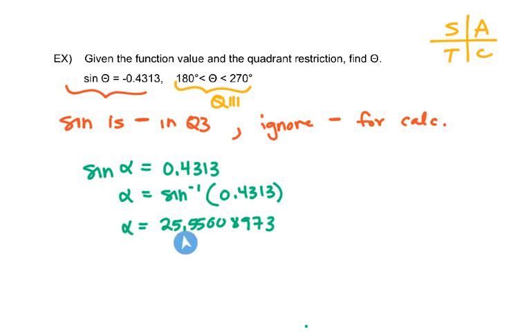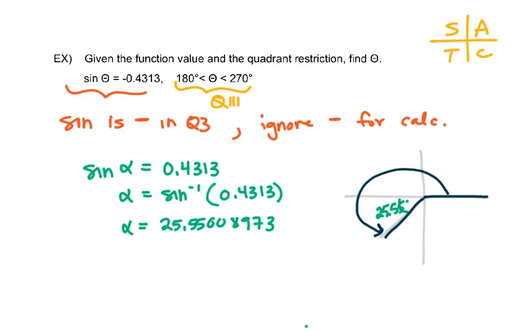But 25.5 degrees is in quadrant 1, and we know that this needs to be in quadrant 3. So 25.5 degrees in quadrant 3, this is giving us an acute angle alpha. There's where this 25.55 is coming into play. So what is the actual angle measure?